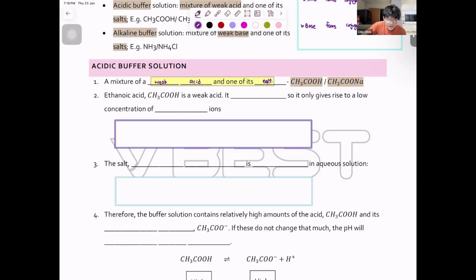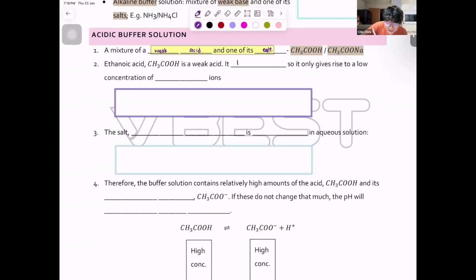So let's look at the weak acid first. A weak acid always dissociates partially, am I right? It only gives rise to a low concentration of H+ ion. So remember, a weak acid dissociates partially.